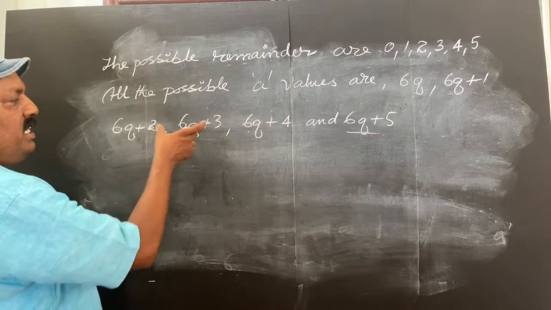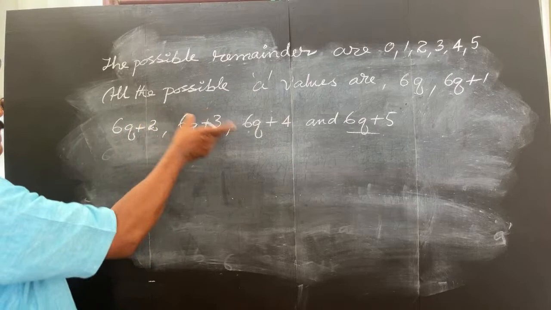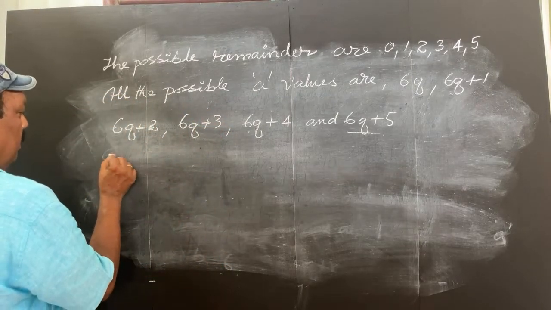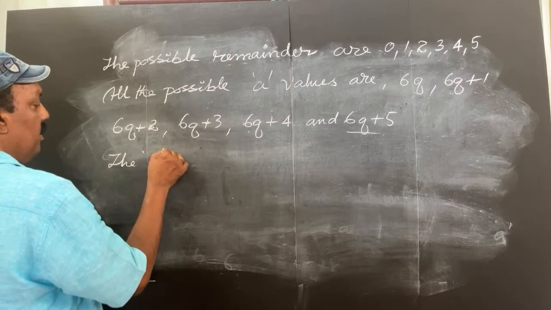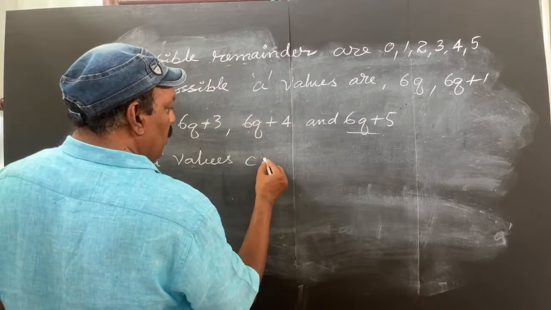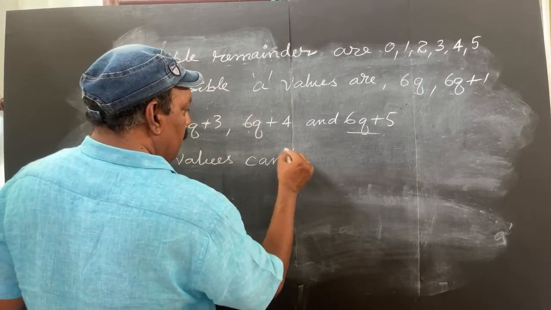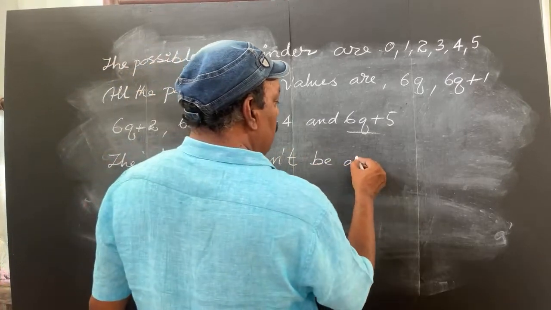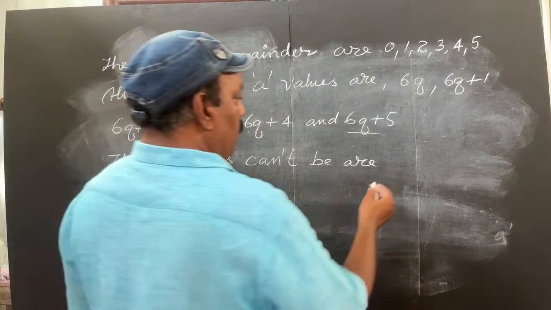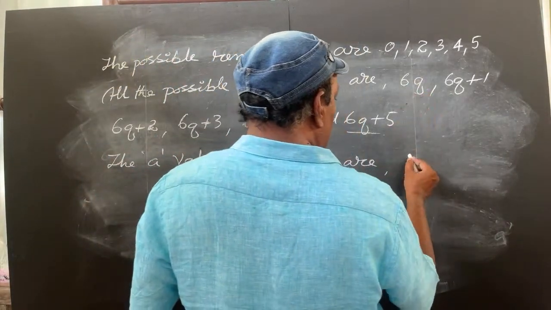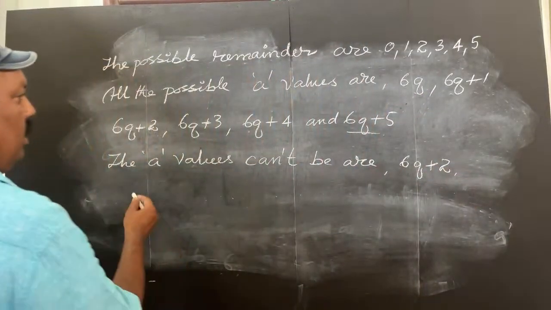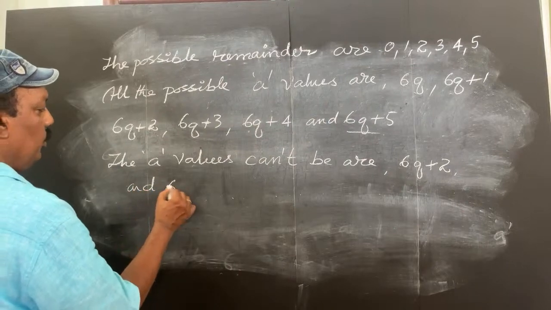The a values that can't be are 6 cube plus 2 and 6 cube plus 4.